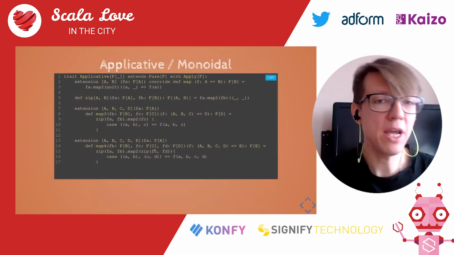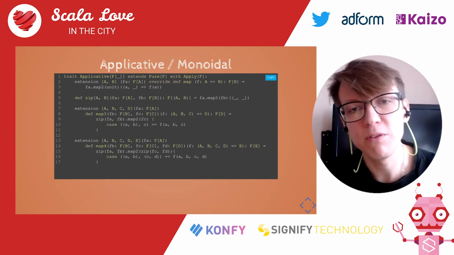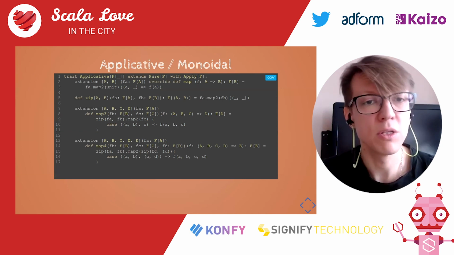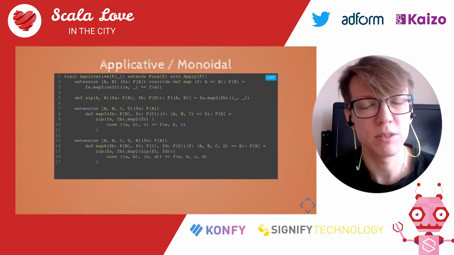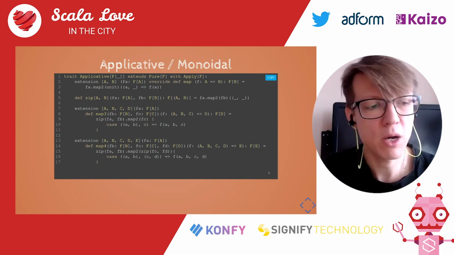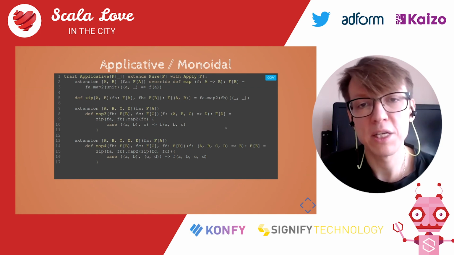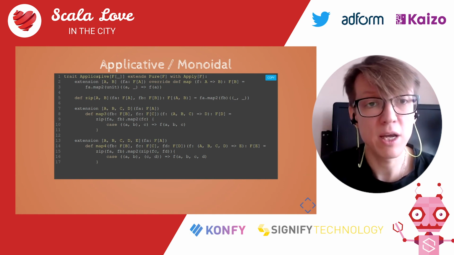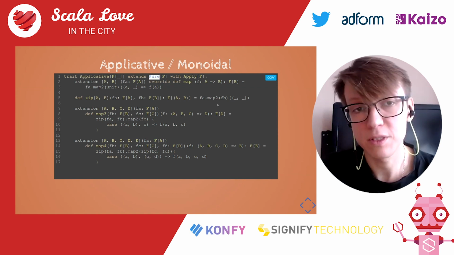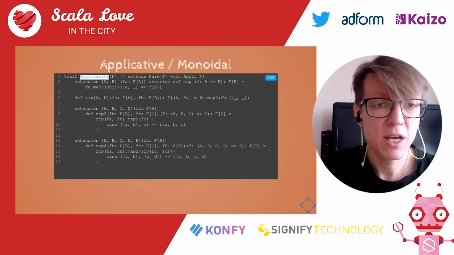The combination of this pointed functor and semigroupal functor is a well-known type class called applicative. We, of course, should add some laws on how pure and map2 must interact, but this is a very well-known family of data types: applicative functors.